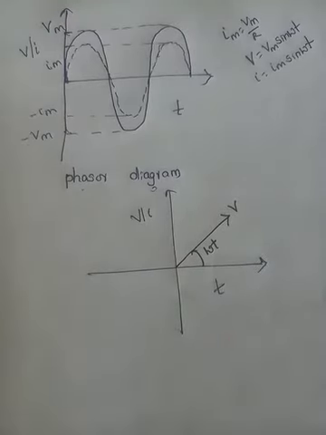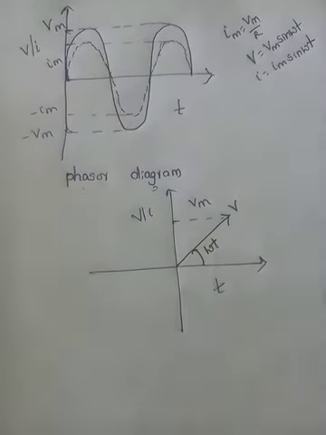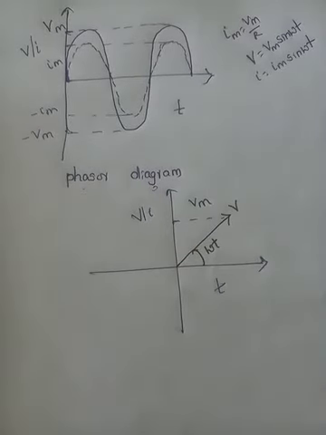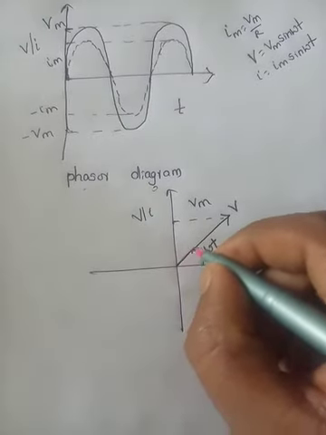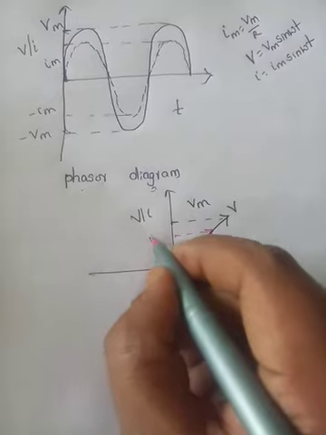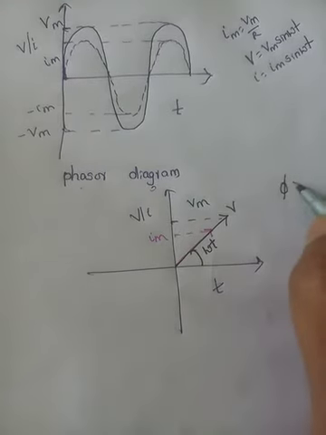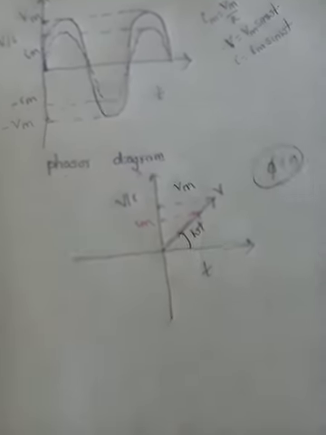This is Vm. Here the current is also flowing in this direction. This is Im. That is Vm and this is Im. Both are along the same direction. So we can write that the phase angle phi is equal to 0 between voltage and current.